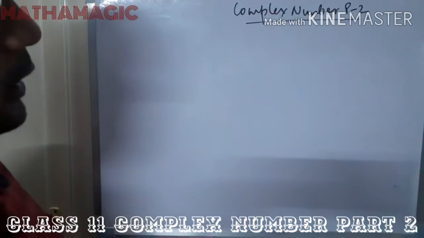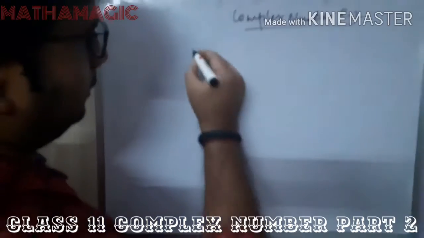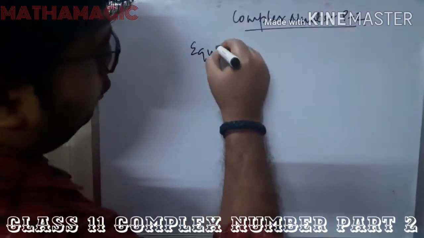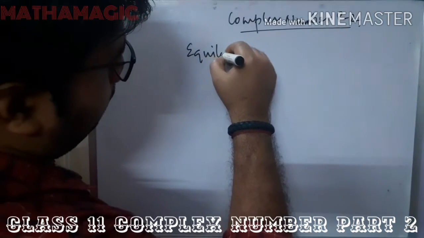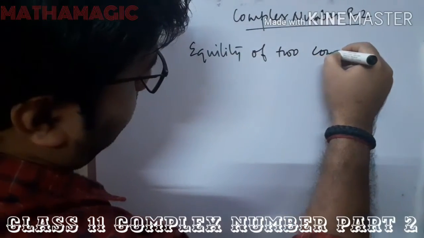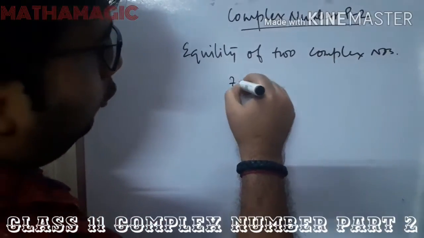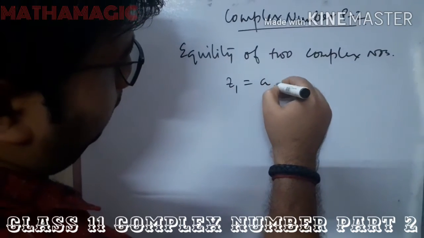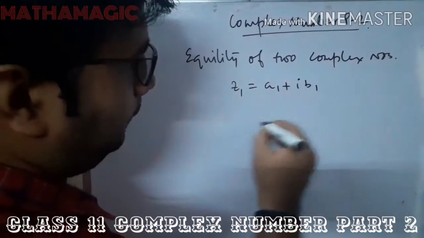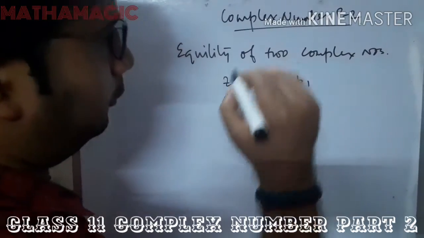So in this part 2, we'll start with the equality of two complex numbers, which is very easy. Let there be two complex numbers. Let Z1 be A1 plus IB1 and Z2 be A2 plus IB2.